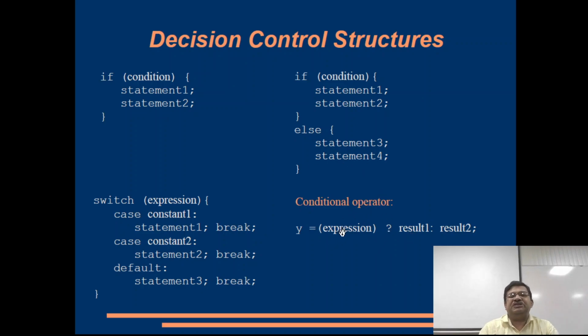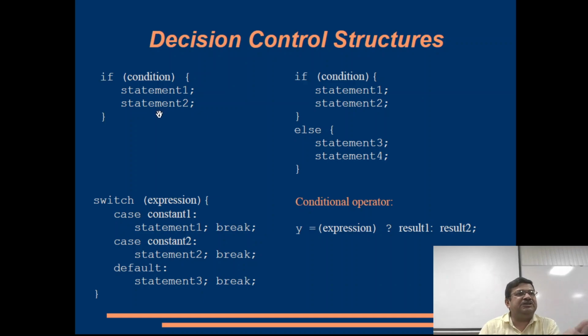So if this expression is true, then execute this branch, and if it is false, then execute this branch, right? So it is essentially an if and else construct, but written in a more concise manner. So if there is only one condition and you only need to take a call, you need to execute certain expressions only if a certain condition is true.